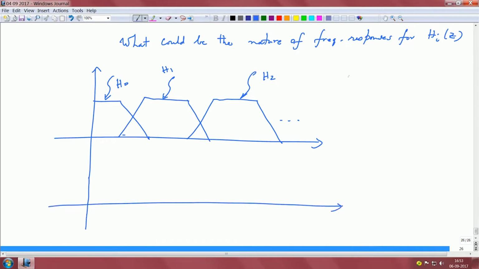As you can see, this is basically overlapping. There is a spectral overlap.